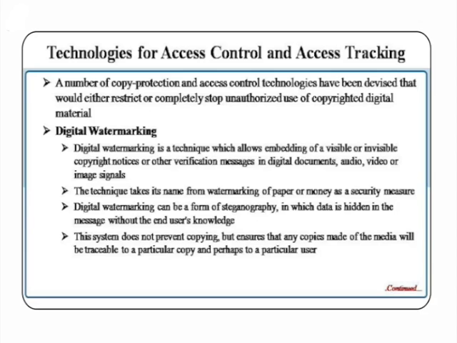The technique takes its name from watermarking of paper or money as a security measure. Digital watermarking can be a form of steganography, in which data is hidden in the message without the end user's knowledge. This system doesn't prevent copying, but it ensures that copies made of the media will be traceable to a particular copy and perhaps to a particular user.